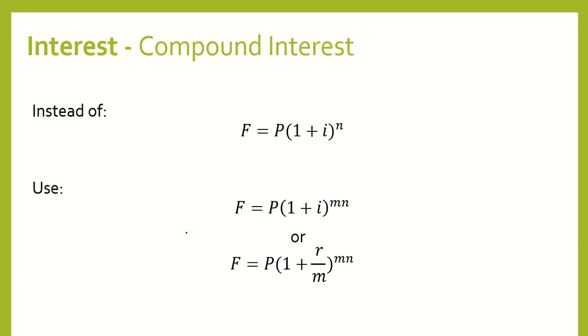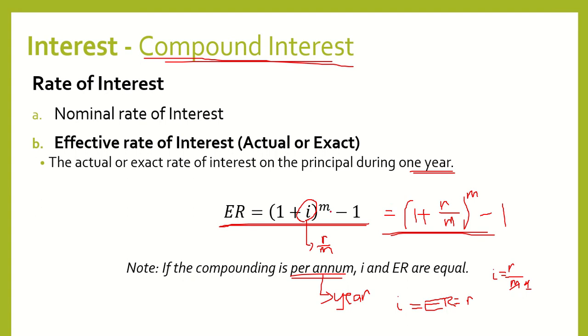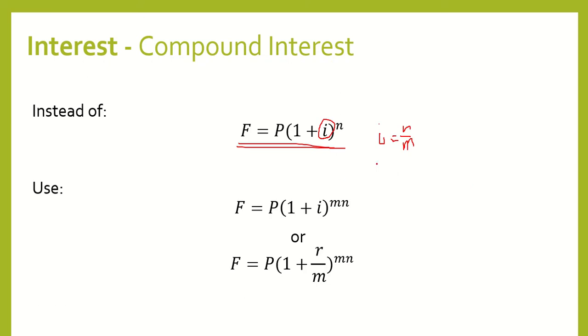So instead of using the first equation that we have discussed, we will replace I. Remember that I is equal to R over M. If you recall the ER equation, you have an M placed at the exponent. That is the number of compounding periods.